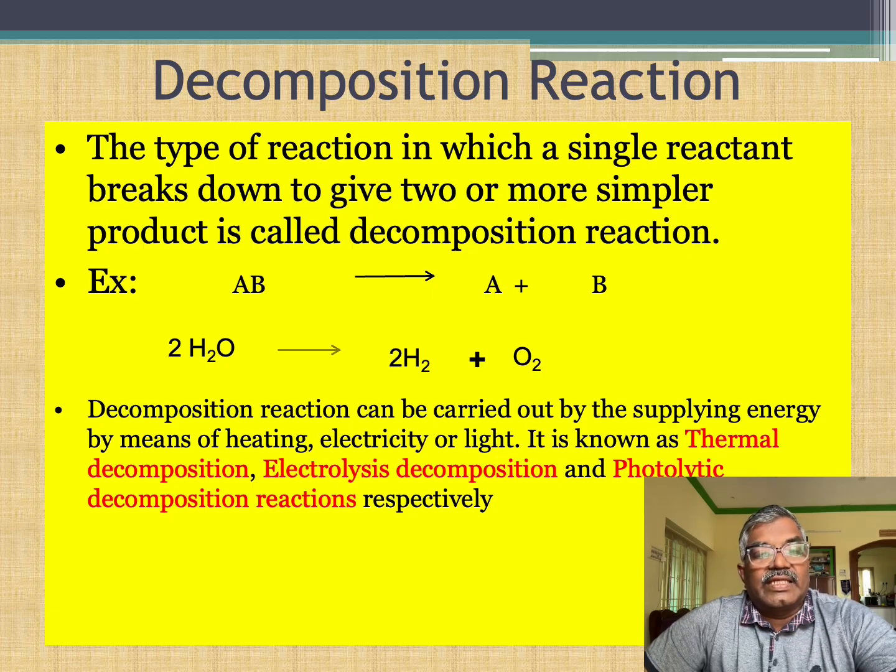So a photolytic decomposition reaction means when decomposition takes place in the presence of sunlight, not only sunlight, light. So further I will explain the decomposition reaction by giving more examples.